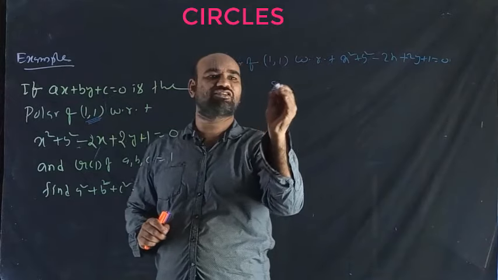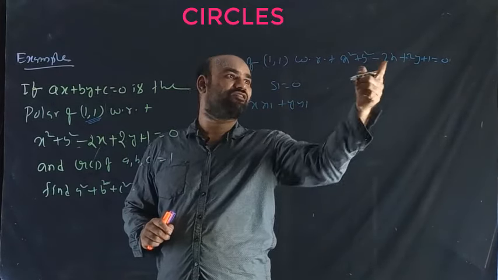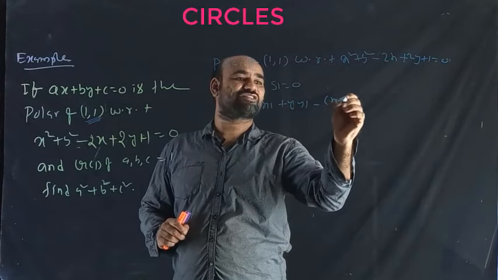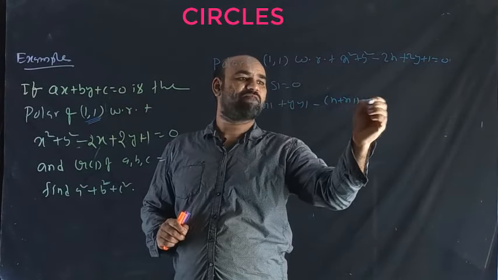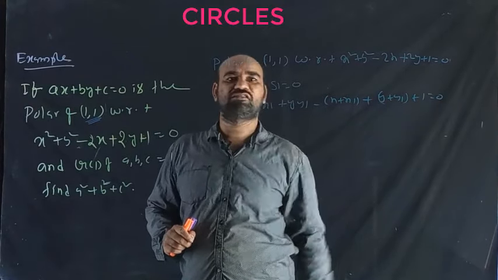That is S1 equals 0 only: x x1 plus y y1 minus (x plus x1) plus (y plus y1) plus 1 equals 0.